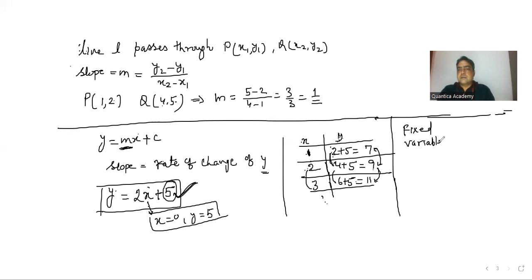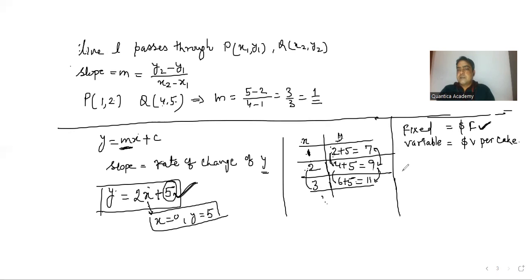Suppose in this case, the bakery has a fixed cost of dollar F and a variable cost of dollar V per cake. What does it mean? It means that even if the bakery doesn't manufacture even a single piece of cake, it will have to bear a cost of $F.